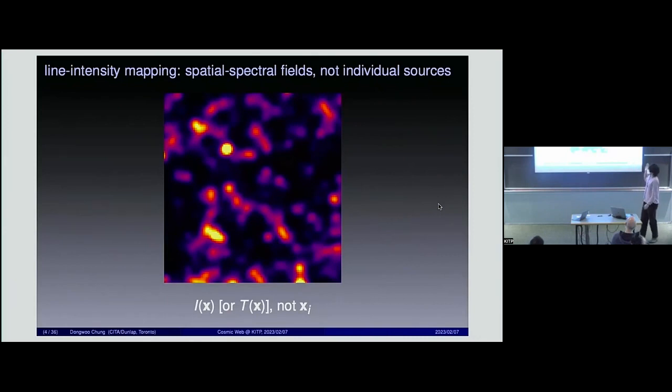Rather, we're trying to look into a spatial spectral field, some kind of co-moving volume, and we're trying to map out the fluctuations in the integrated line intensity in a given spectral line, be it 21 centimeter or be it some other line. So we're mapping intensities, not positions, just in 3 dimensions.